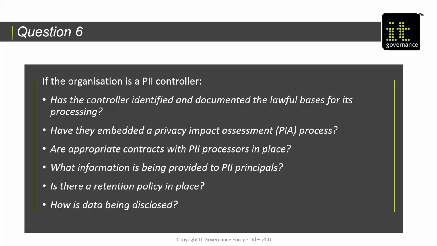Where appropriate, the information should be given at the time of PI collection. It should also be permanently accessible. So most organisations use the data privacy notice to fulfil this requirement. Again, you should find this on an organisation's website.